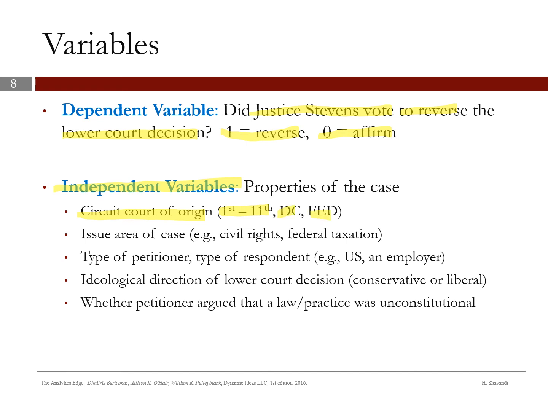The issue area of the case, for example civil rights or federal taxation, and the type of petitioner or type of respondent, for example the US or an employer. The ideological direction of the lower court decision, for example conservative or liberal, and whether the petitioner argued that a law or practice was unconstitutional.